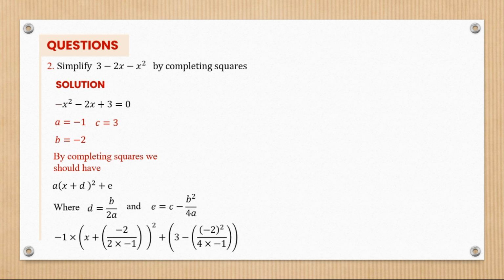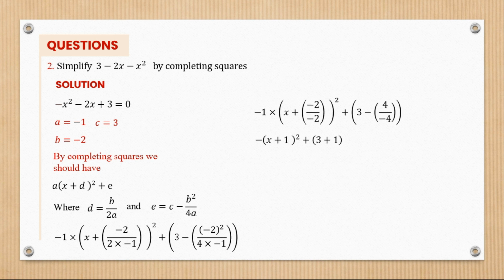This is what we end up having when we substitute all the values in. When we simplify this, we'll be left with negative bracket x plus 1 squared plus 3 plus 1, and 3 plus 1 is 4, so when we rearrange this, we'll have 4 minus bracket x plus 1 squared. And that's how we complete the square in this case.